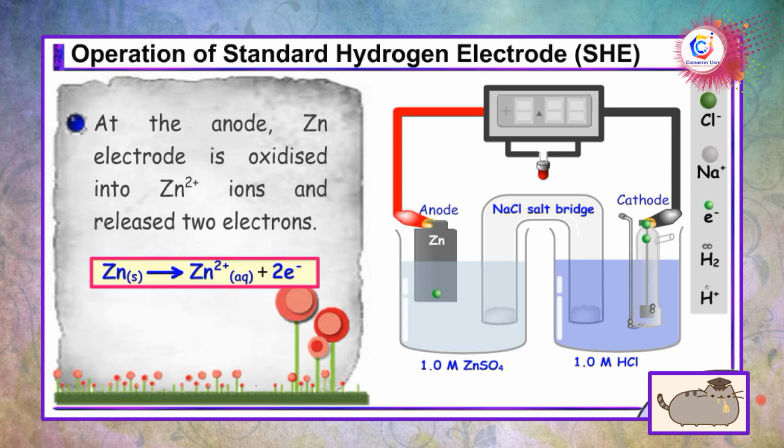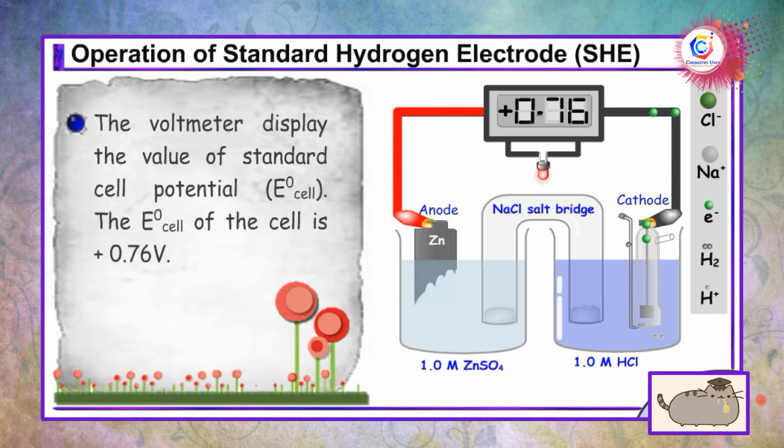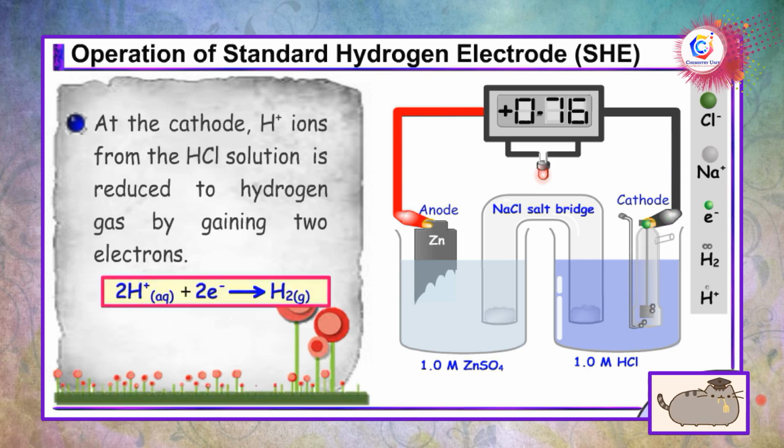At the anode, the zinc electrode is oxidized to zinc 2+ ions and releases 2 electrons. The electrons produced at the zinc electrode move through the external wire to the platinum electrode of the SHE. The voltmeter displays the value of standard cell potential, which is positive 0.76 volt.